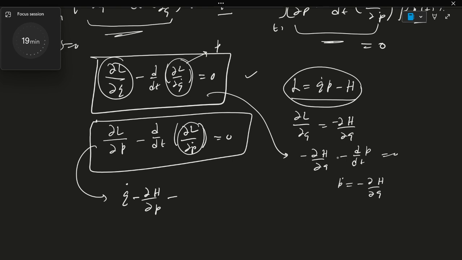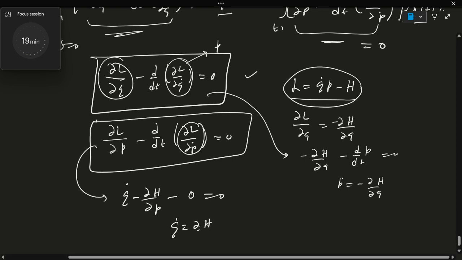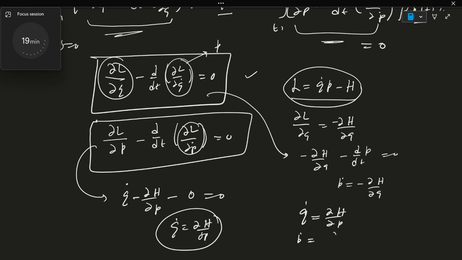That's the reason why I have considered the ṗ in the first line. As there is no ṗ, that particular term is 0 equals 0. So you'll get q̇ equal to ∂H/∂p. You got it, right? So you got q̇ equals ∂H/∂p, and ṗ equals minus ∂H/∂q.